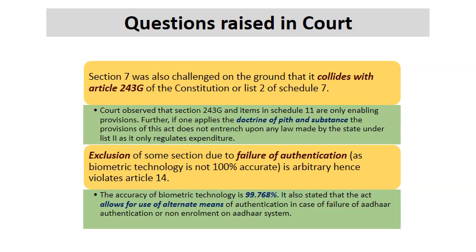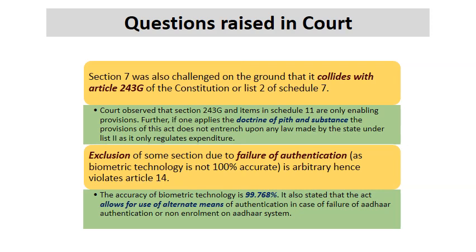And finally, it was argued that the Aadhaar system is not 100% accurate, and thus it may lead to exclusion which may be arbitrary and hence violates Article 14 of the Constitution. Now the court first of all examined the accuracy of Aadhaar, which according to UIDAI is 99.768%, which according to the court is high by itself. It also stated that the law has not been designed to be arbitrary.